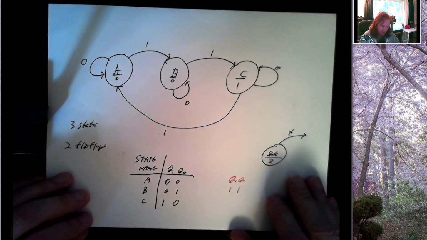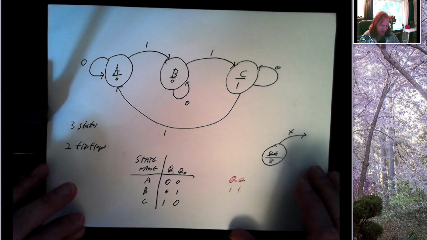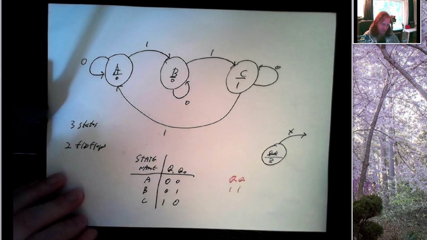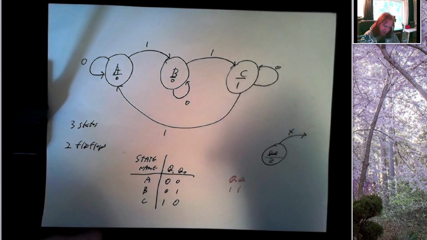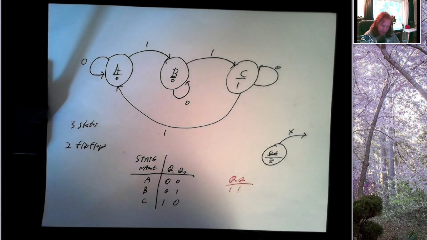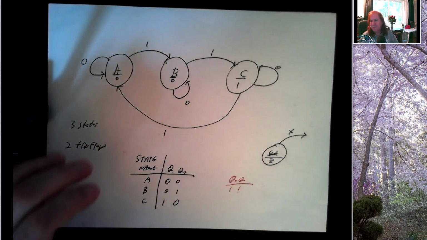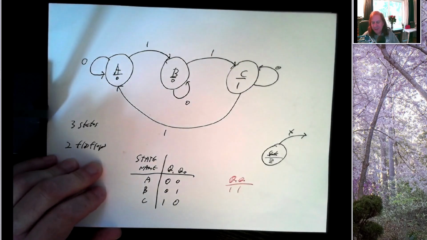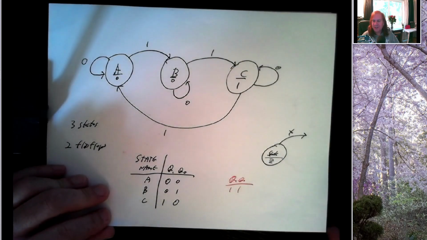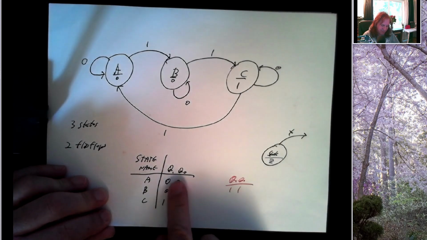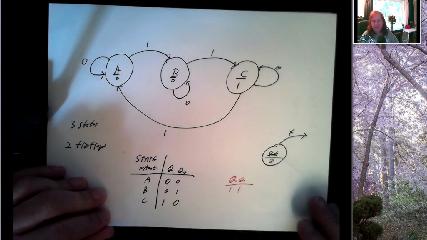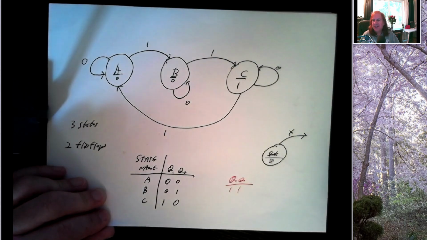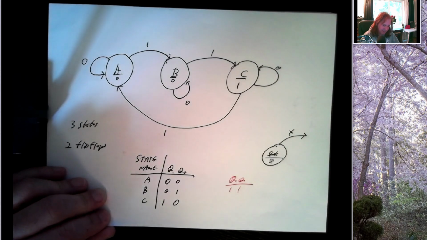So when something unusual or unexpected happens, our system is going to go into this fourth state where both of these outputs of flip-flops are 1. And it's not part of the regular behavior of the machine, but maybe some other part of the system is set up so that if both of these Q's become a 1, then it goes into some kind of emergency shutdown mode, or it sets up a notification or rings an alarm or something like that, right?